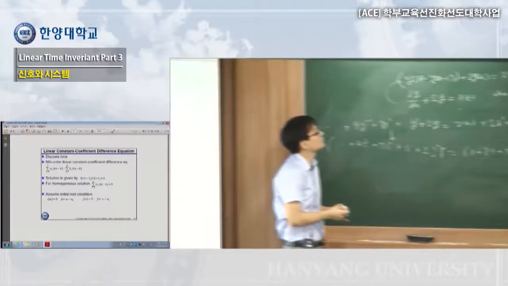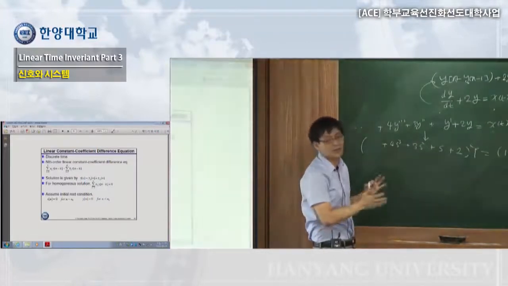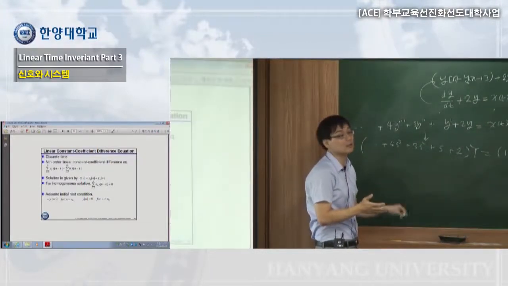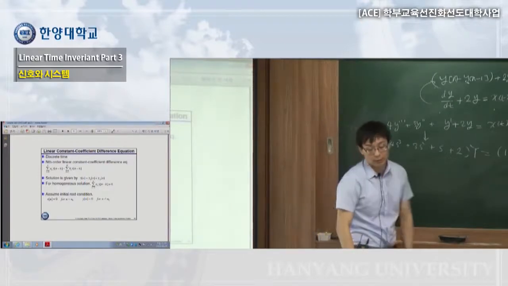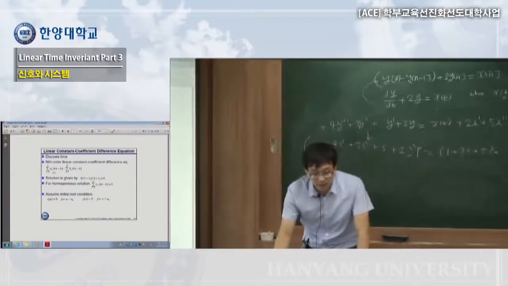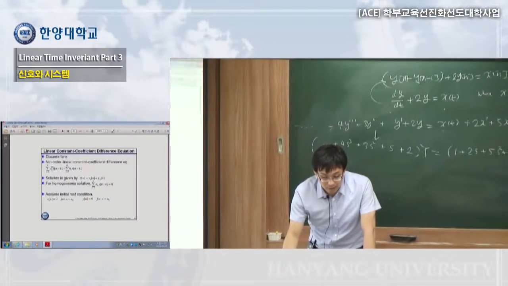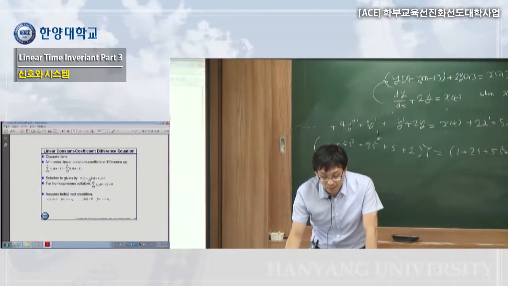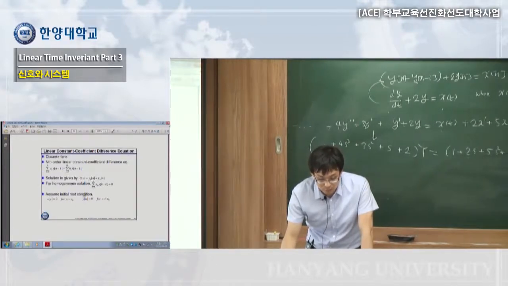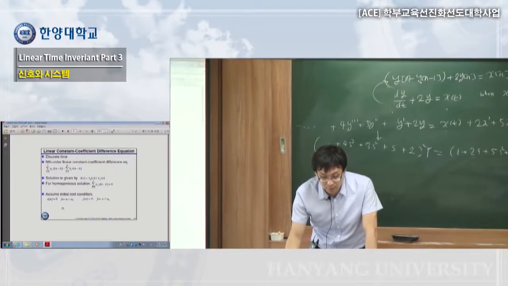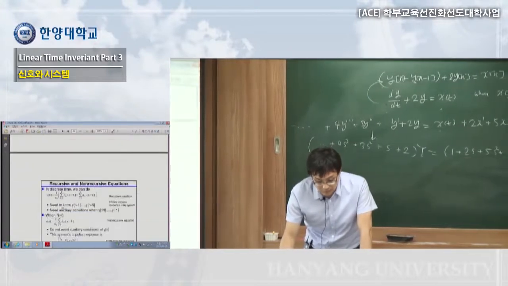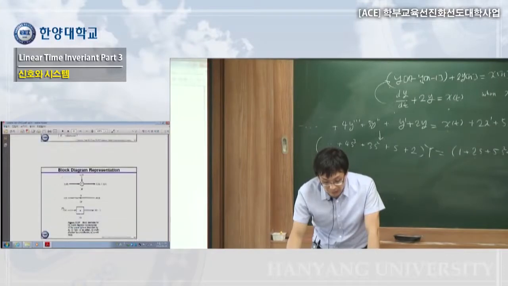It looks a little bit unfamiliar, right? But sometimes you confront this in discrete time. Likewise, we have additional y and additional x, and try to find the solution. Likewise, we put them as homogeneous and particular solutions, find each of them, assume the initial condition, and find a solution. So it's quite similar-looking.